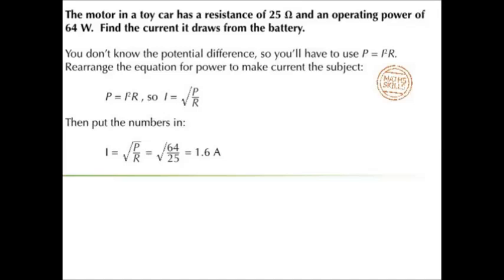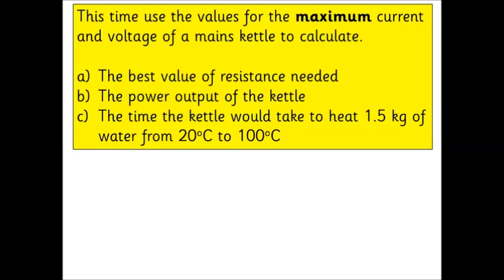Okay, so just to finish, I thought we'd do a question about a kettle again. This time we'll use the values for the maximum current and voltage a mains kettle could possibly have. We're going to calculate the best value of the resistance needed, the power output of the kettle, and the time the kettle would take to heat 1.5 kilograms of water from 20 degrees when it comes out the tap to 100 degrees boiling.